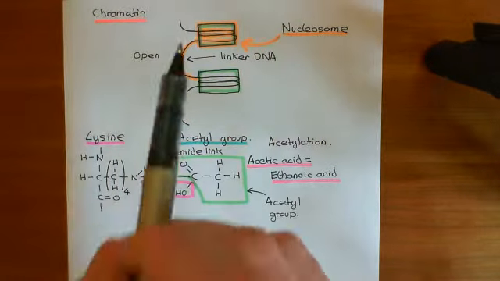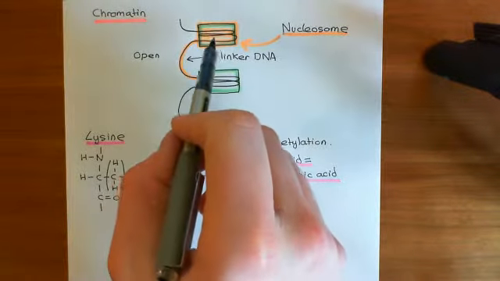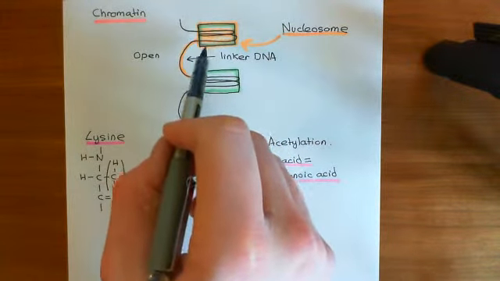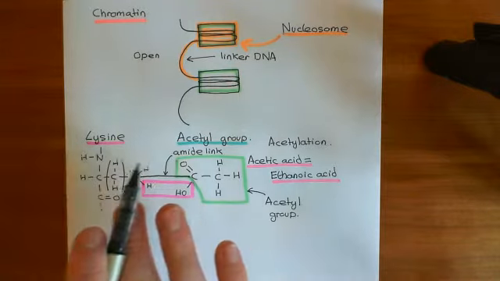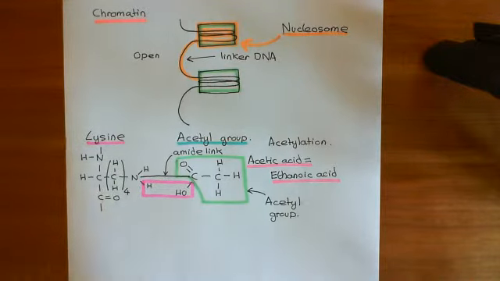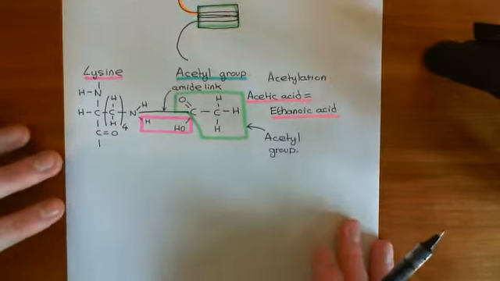So basically, you increase the expression of that gene that's wrapped around this histone core complex by acetylating the histone core complex. So that's one of the groups that you can add on to lysine residues. We'll come back to another group later on.